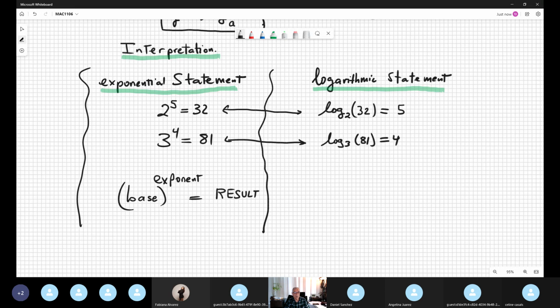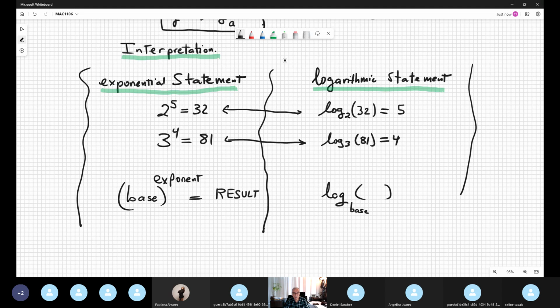Okay. How do you write it in the logarithm world? Well, easy. You write log, because it's the name of this function, and you put a base here, a small number. So that number, you copy the base, but in small.